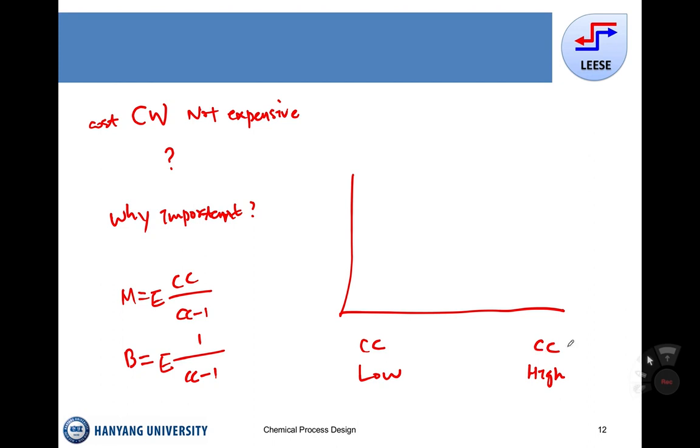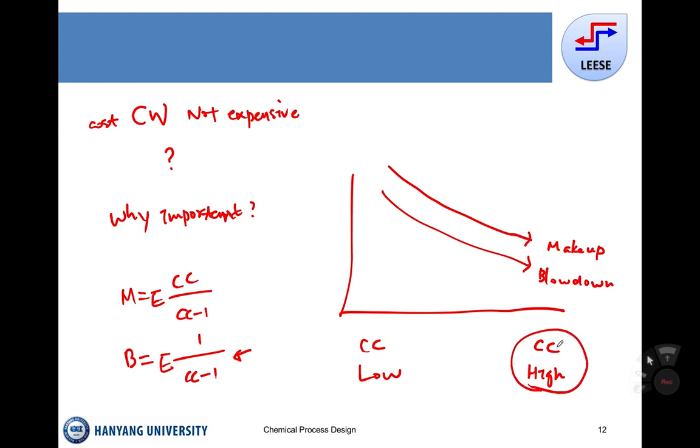If the CC number is increased, then the blowdown is going to be decreased, okay? From that equation, then the makeup water will be reduced, okay? So should I keep the big number on the cycles of concentration?